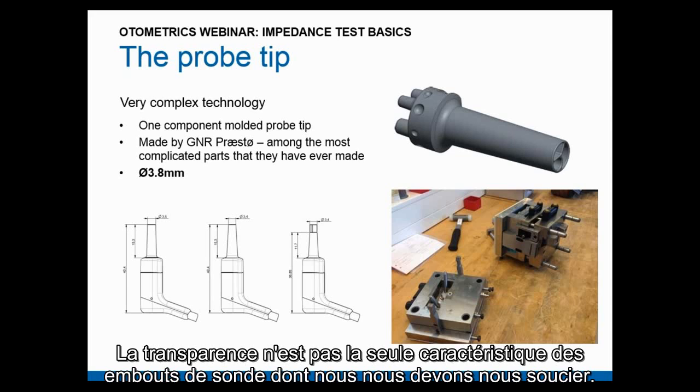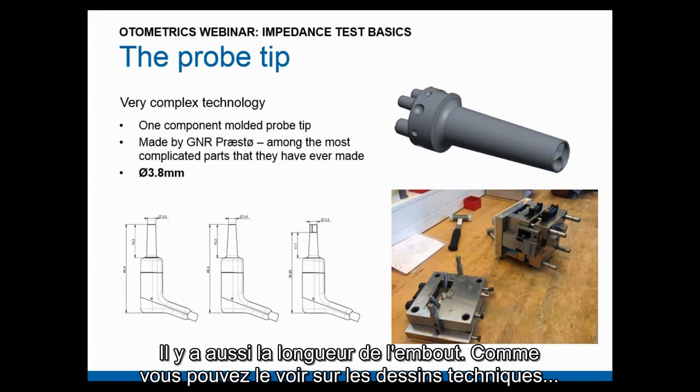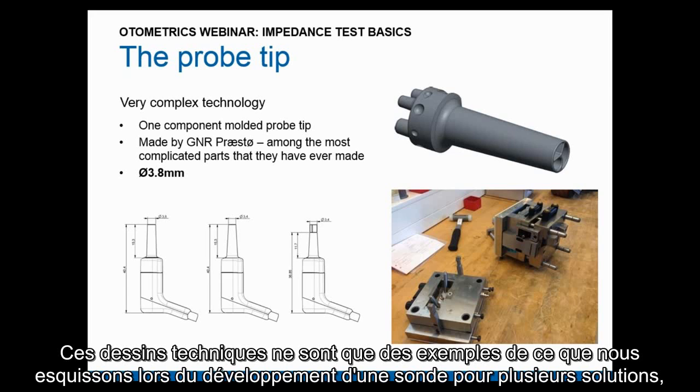And for us, transparency is not the only component we need to take care of when we talk about the probe tip, but also the length of the probe tip. As you can see in the technical drawings, these drawings are just examples we sometimes draw when we develop a probe for different solutions.